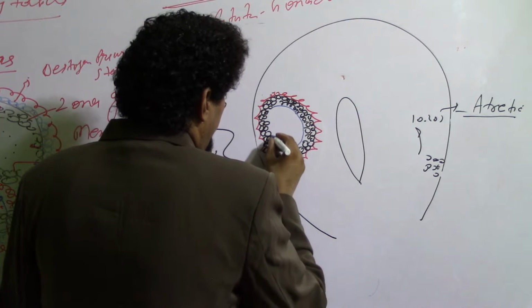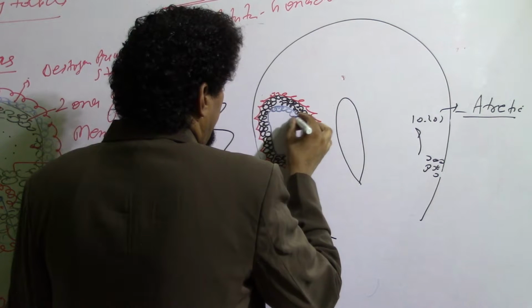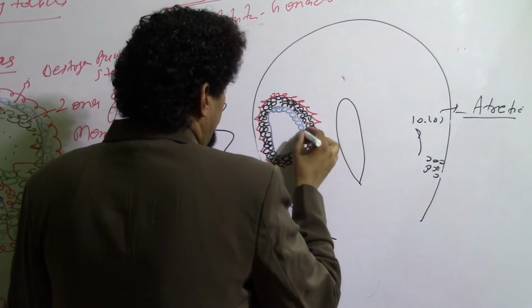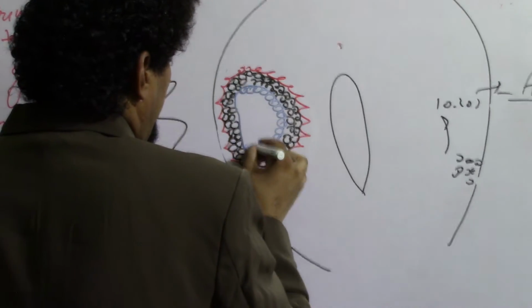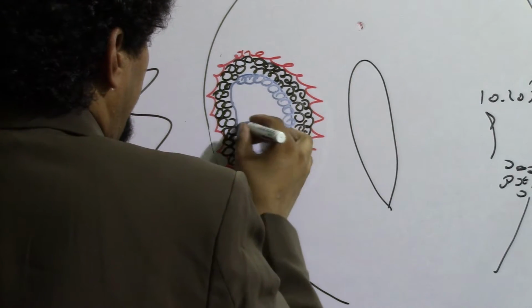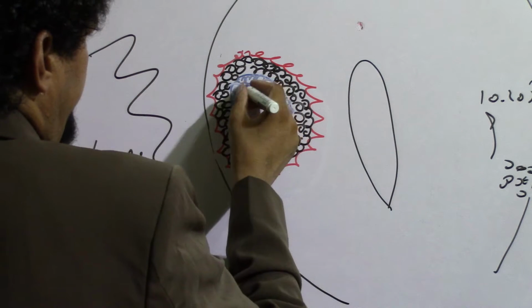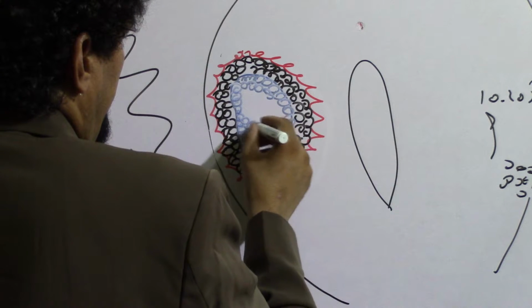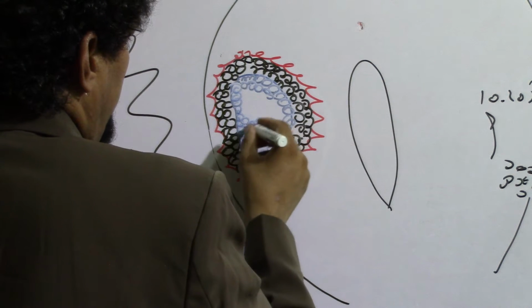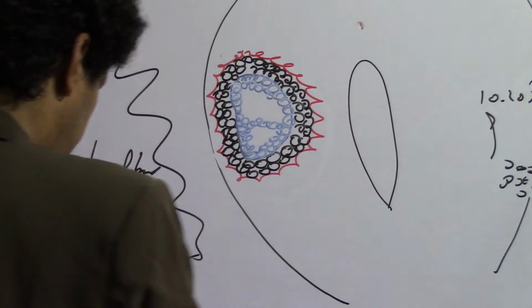Now there is a population of cuboidal granulosa cells, the zona granulosa or zona membranosa granulosa, and it is multi-layered, and here is the antrum, the cells of cumulus oophorus and discus proligerus.